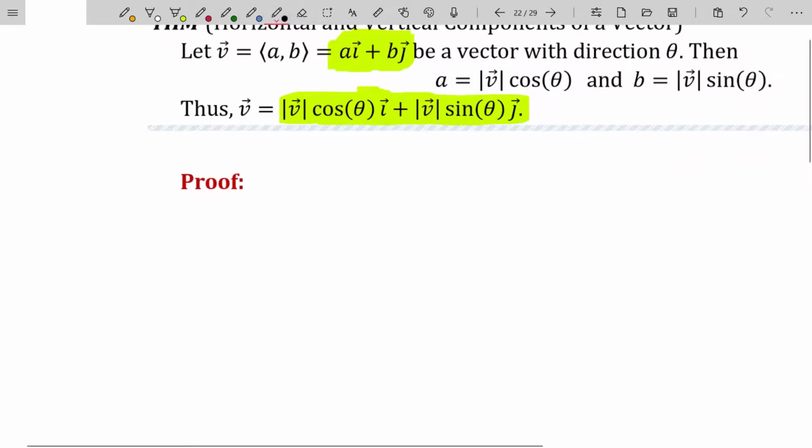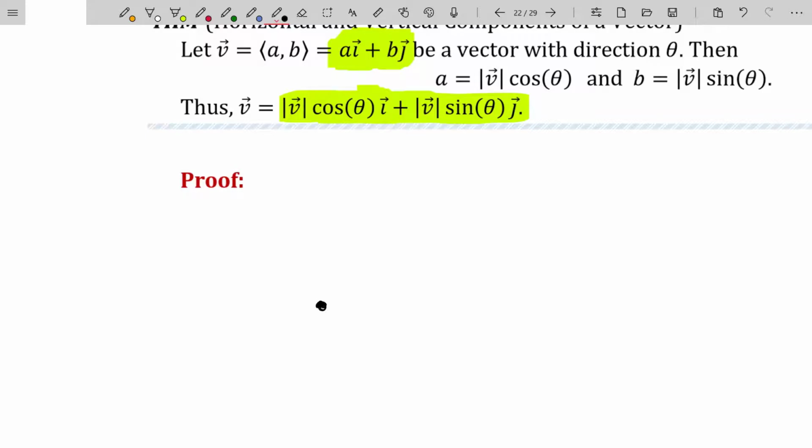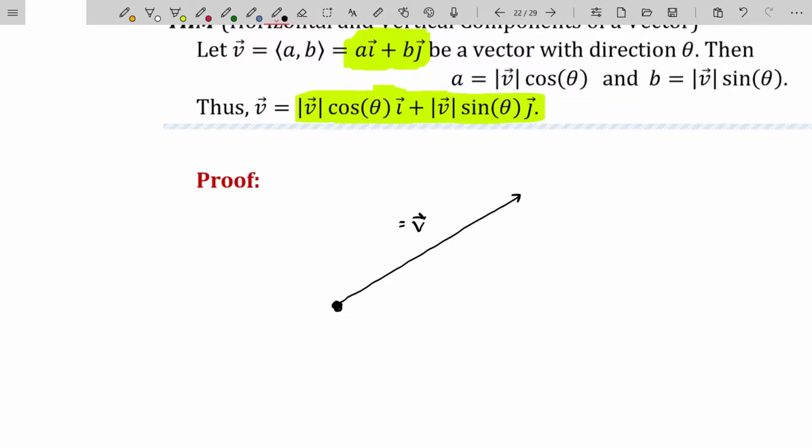But I do want to showcase how easy it is to prove this. Incredibly easy, in fact. Suppose you're given a vector, and when I say prove, I'm not going to be super rigorous here, because generally speaking, you're coming across this at the end of your semester, your brain is wasted, so let's just get a visual proof of this. You have a vector v, here it is, right here, and that vector v is equal to some horizontal component a and some vertical component b.